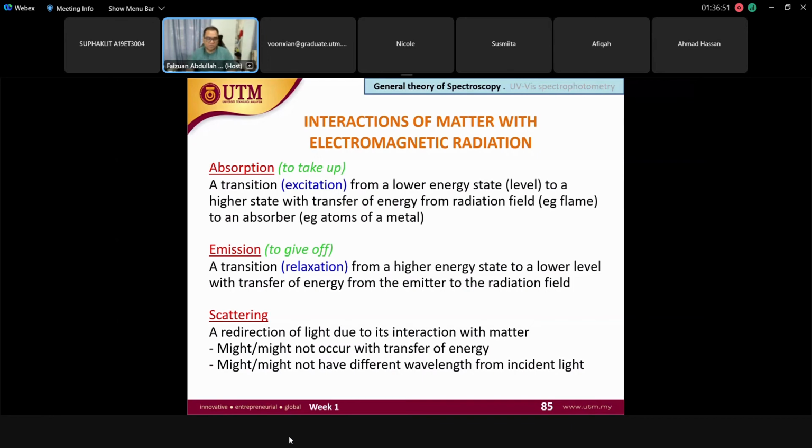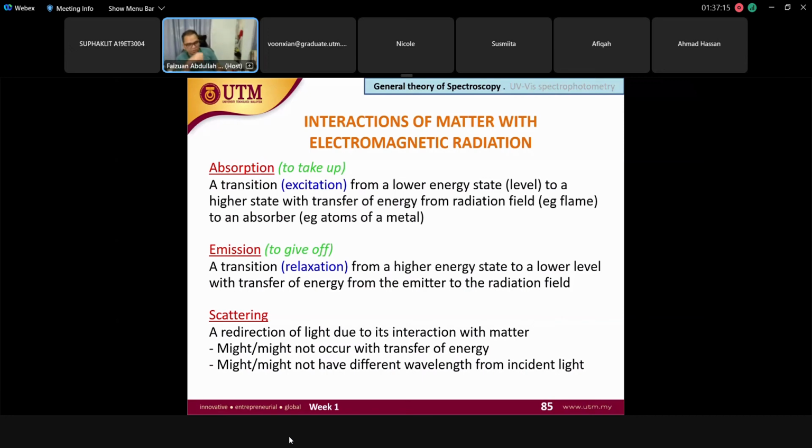All right, now scattering: a redirection of light due to its interaction with matter. Now we supply the light. When the light interacts with the matter inside the sample, there will be a transfer of energy, scattering, and so on.